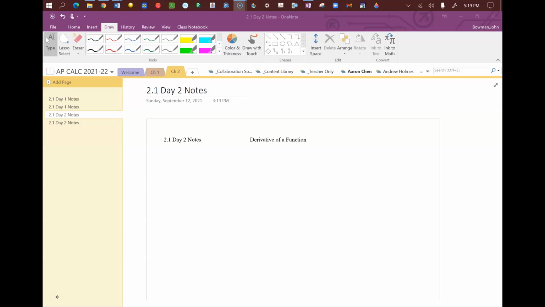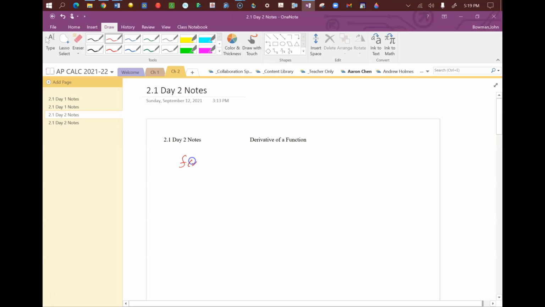A function is differentiable if it has a derivative on some interval. In other words, if it has a derivative at every point on some interval.